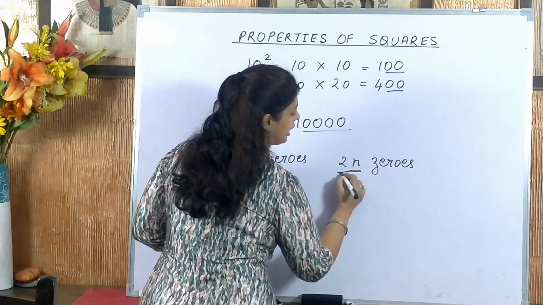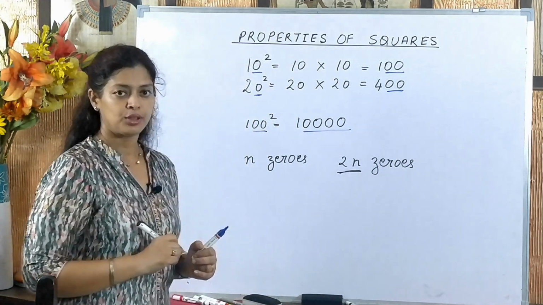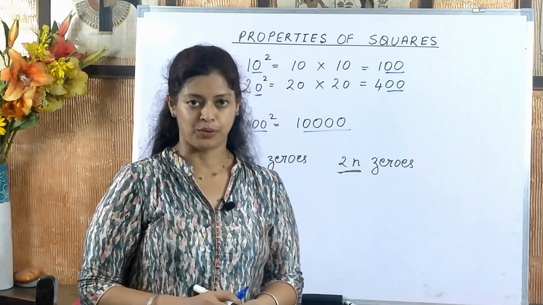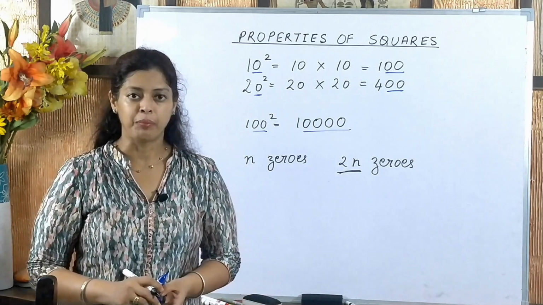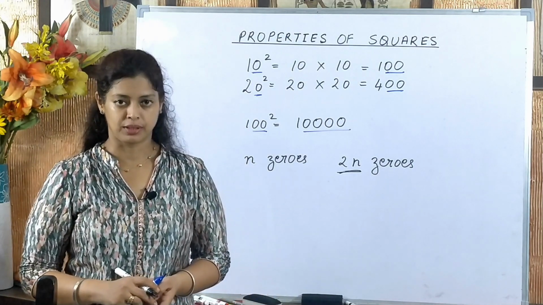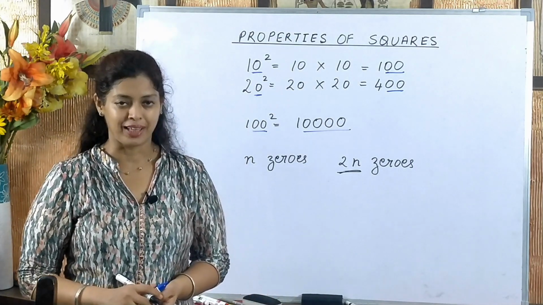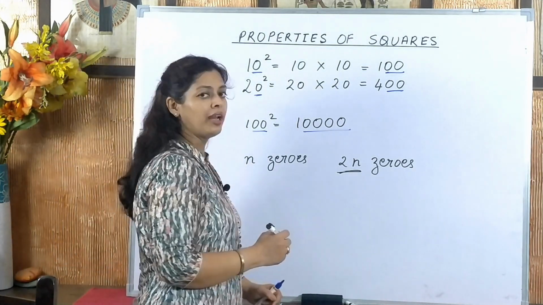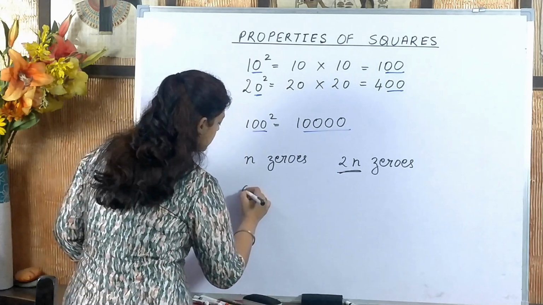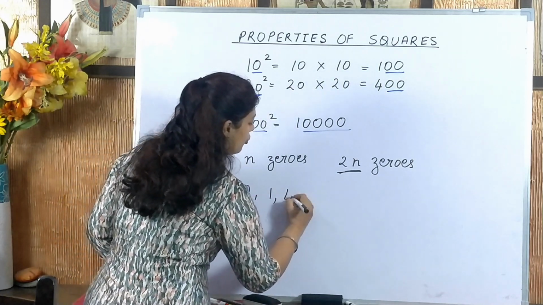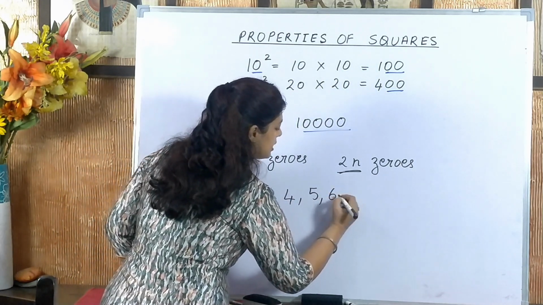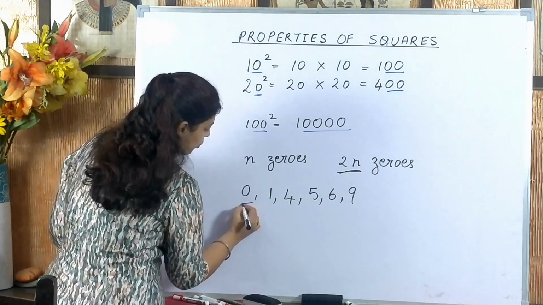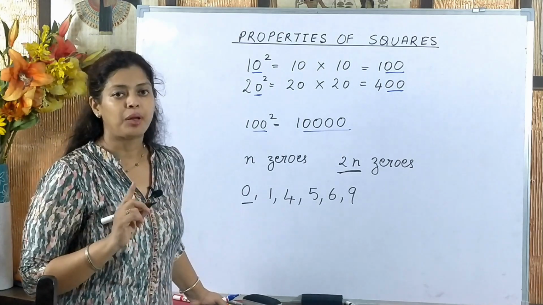That means an even number of zeros. So the squares of such numbers always end in an even number of zeros. So I can say if a number ends in an odd number of zeros, then it is not a perfect square number. So in the beginning when I said the squares of all numbers end in the digits 0, 1, 4, 5, 6 and 9, when I say 0, it means an even number of zeros.